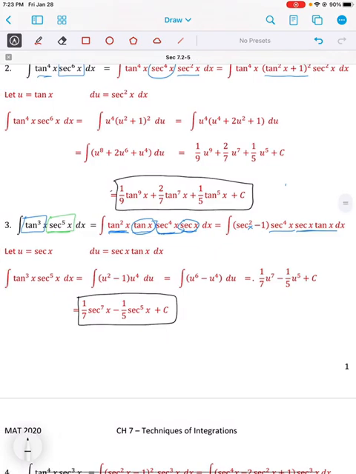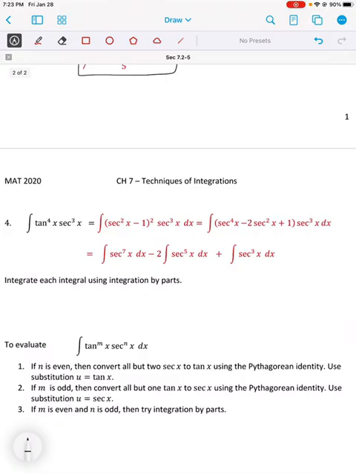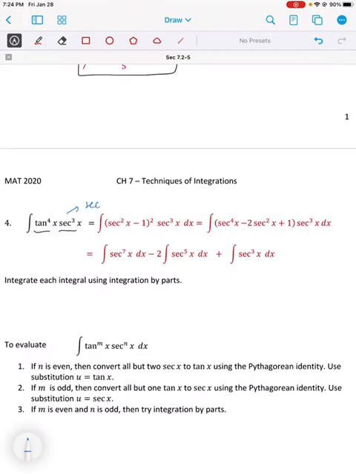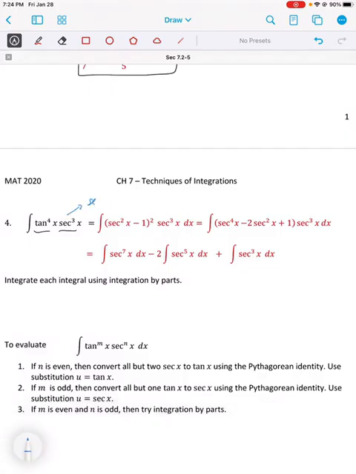So not too bad. But what happens if we have an odd power on secant, but now we have an even power on tangent? Now we are in a little bit of trouble, because we cannot separate secant square x. If we do, then we are left with secant x, and secant x cannot be converted into tangent x. If we separate just one secant x from here, we need one tangent x.